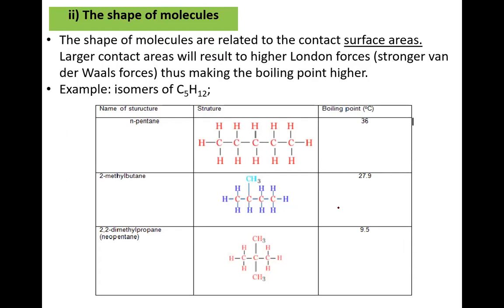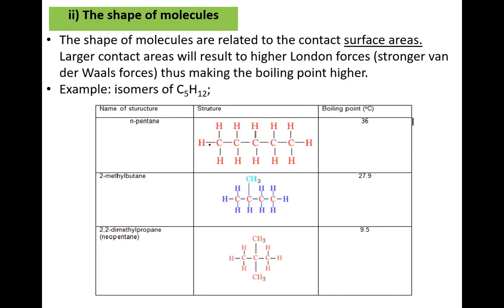The second factor that affects van der Waals forces is the shape of molecules. The shape of molecules is related to the contact surface area. A larger contact area will result in higher London dispersion forces, stronger van der Waals forces, thus making the boiling point higher. For example, pentane, methylbutane and dimethylpropane all have the same molecular weight, or molar mass, but the shape of each structure is different.